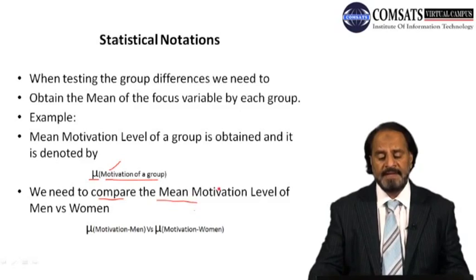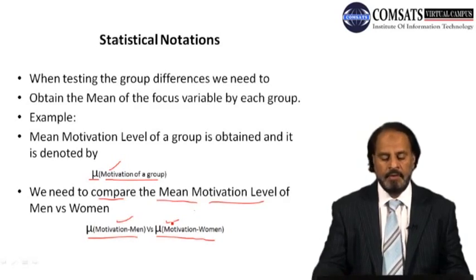In our previous scenario, we're looking at the mean motivation of women and the mean motivation of men, and we compare the level of motivation. This is what we tend to do.